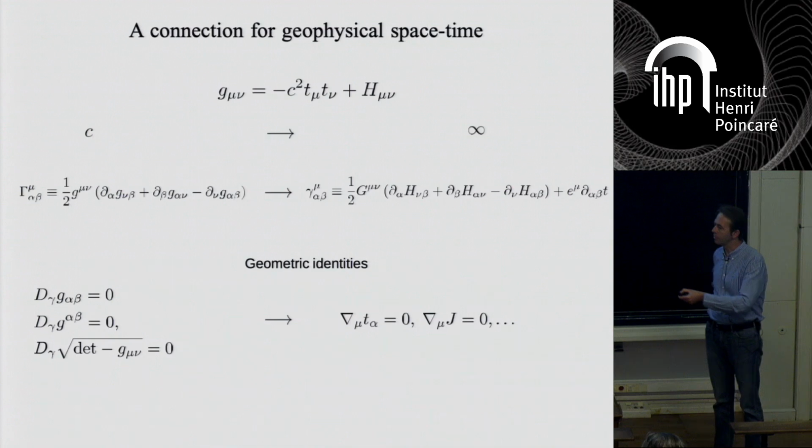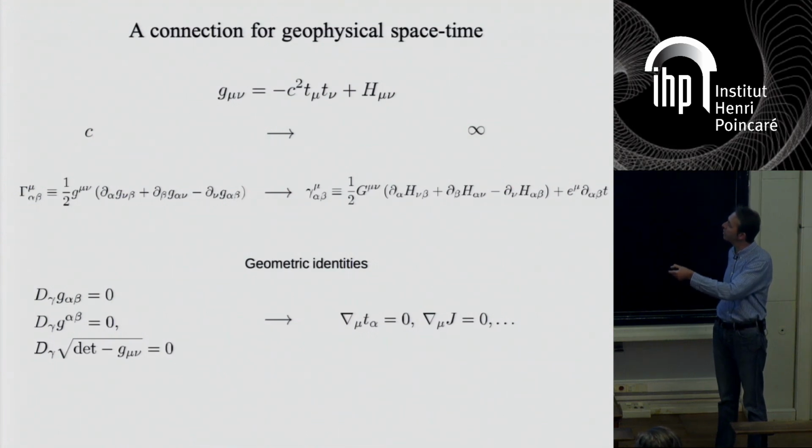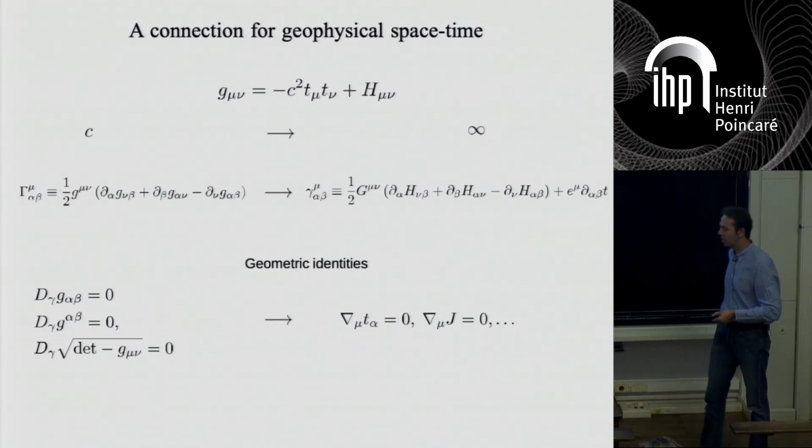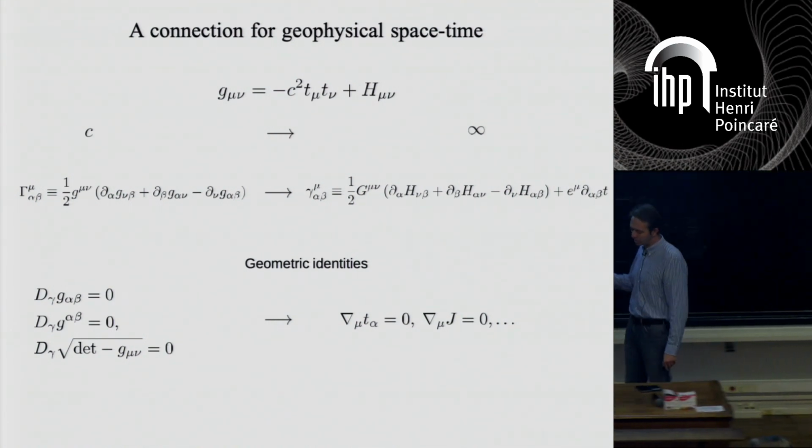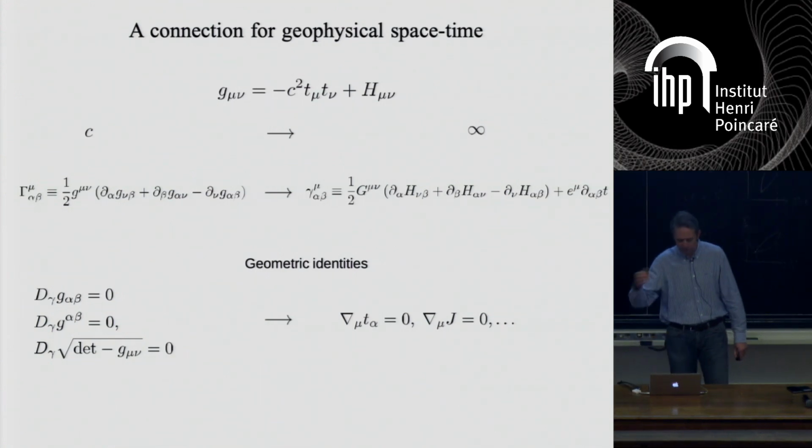The metric itself, the metric tensor, or its determinant has a vanishing covariant derivative. So when you take the limit of infinite speed here, you will be able to derive not the same geometric identities, but kind of inherited geometric identities that will be useful later.